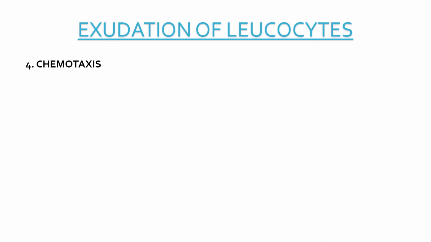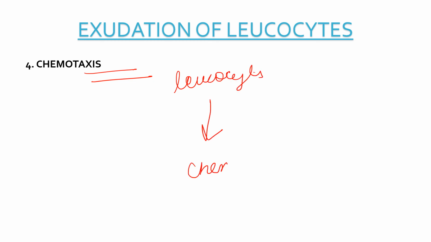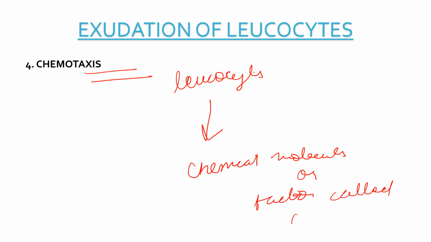Now moving on to chemotaxis. Chemotaxis is basically the movement of leukocytes towards the direction of chemical molecules or factors called chemoattractants.